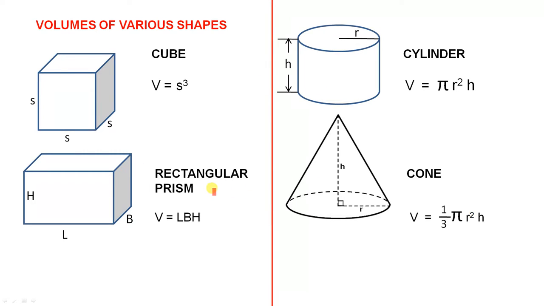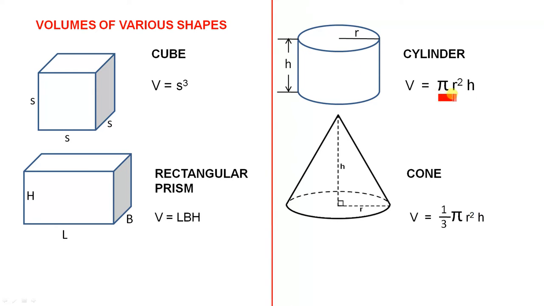And it's the same for all of these objects. For the rectangular prism, a length of L, a depth of B, that's the same as the width, and a height of H. Now they can all be different, they don't have to be the same, so the volume is LBH. For the cylinder, you need to be given the radius and the height of the cylinder, and the volume is pi r squared h.